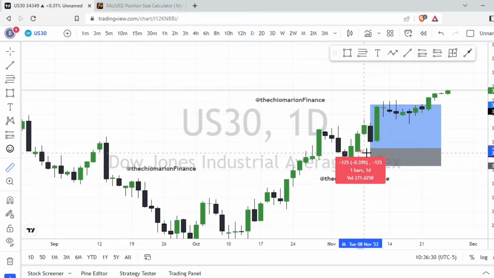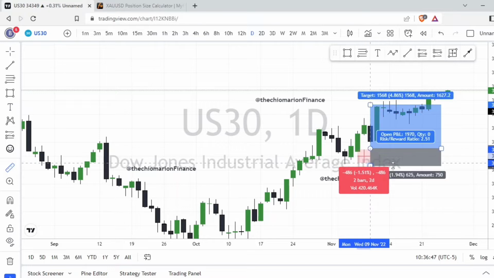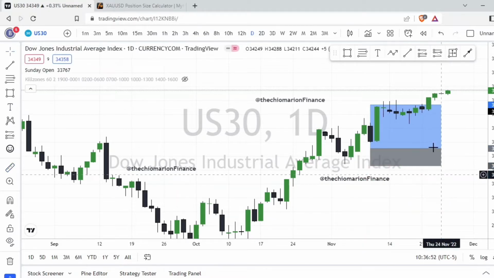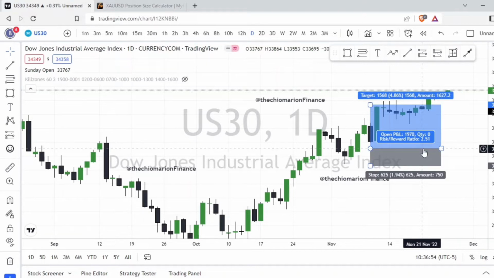So if you're using 0.01 lot size, that should be giving you 0.10 per pip. And when you're calculating in points using the same 0.01 lot size, that should be giving you a dollar per point. But this is all dependent on your account balance. I'm just giving an example using a $10,000 account balance.